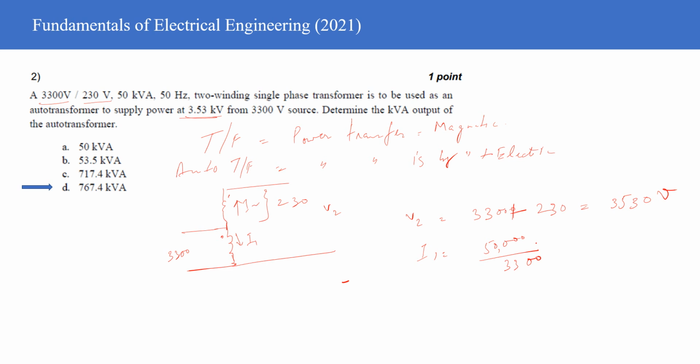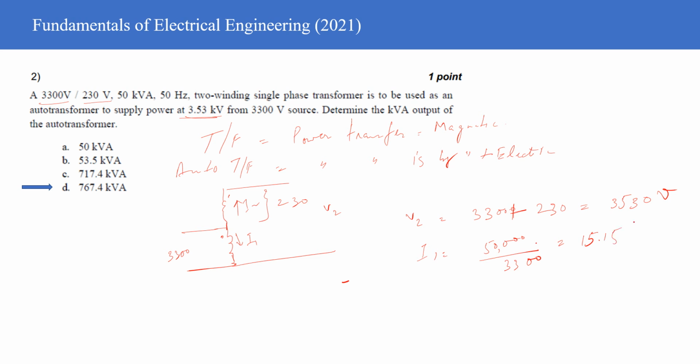Let me just do the calculation. 50,000 divided by 3300 is 15.15 ampere.